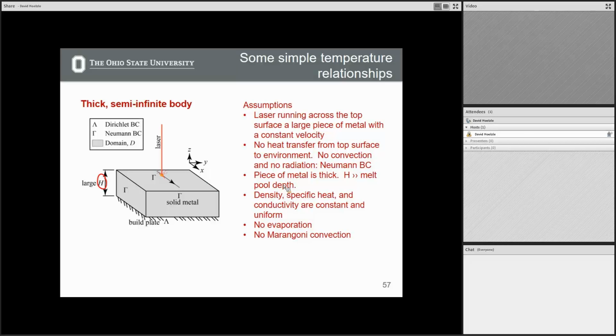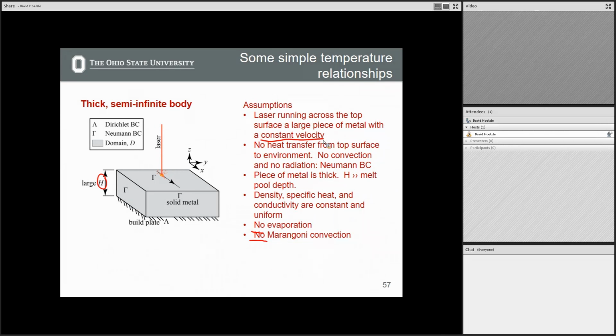The density, specific heat, and conductivity are all constants, and we're saying no evaporation, no Marangoni convection. We're trying to simplify this as much as possible. Also, I forgot to mention, a constant velocity laser profile. So this is essentially the Rosenthal paper, just to begin with, to give us a baseline.